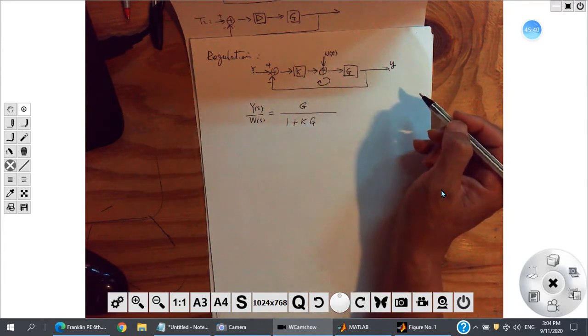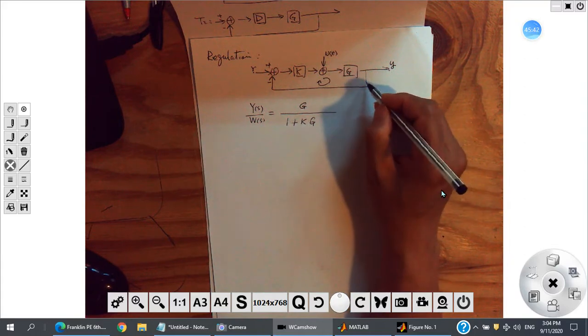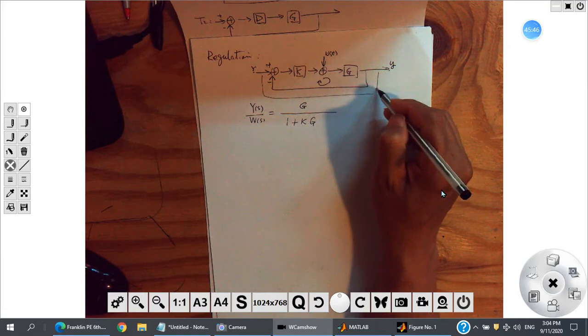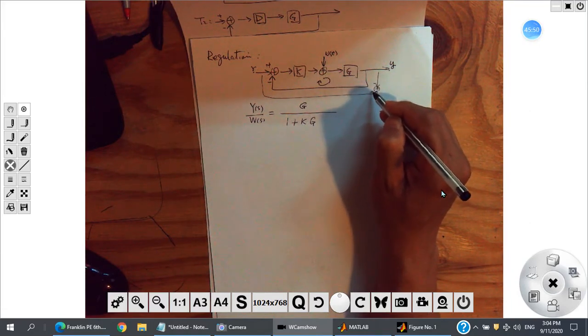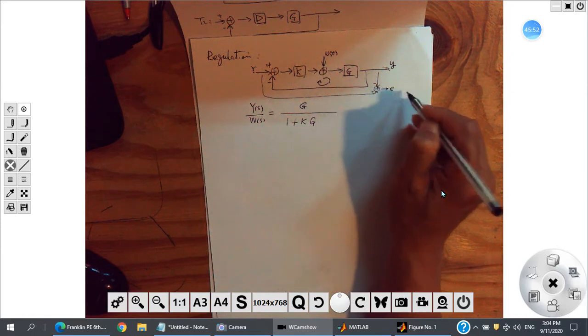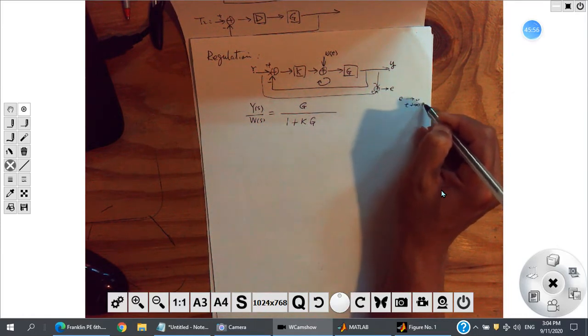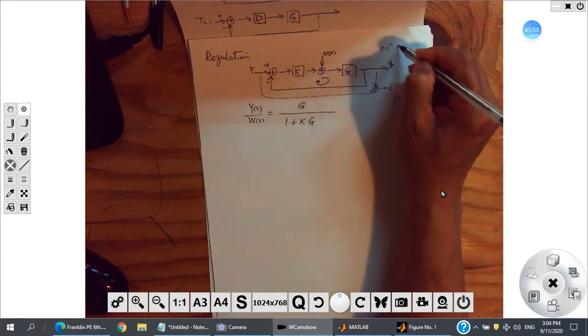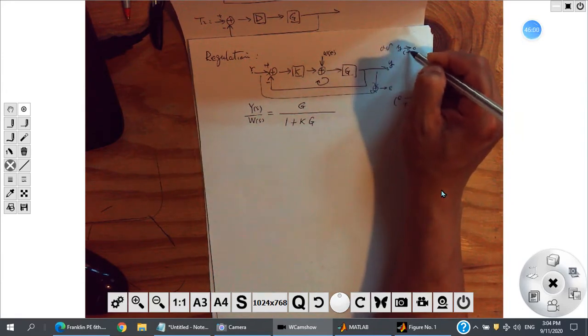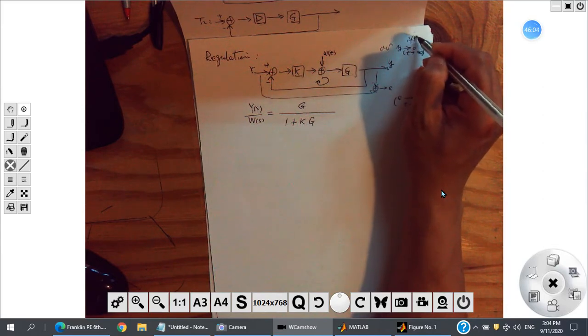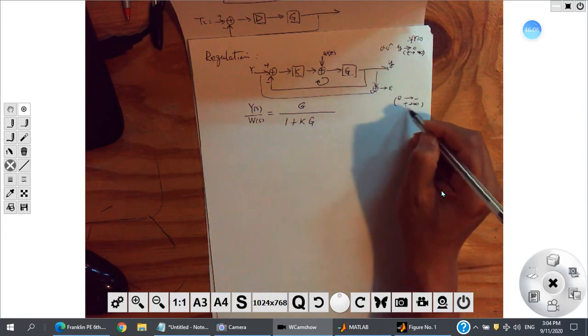Remember, for regulation we have another style. We use R as reference, with minus and positive, and we use E. I want this E to tend to be 0, or Y to tend to be 0. Here R is 0, and it doesn't matter what R is.